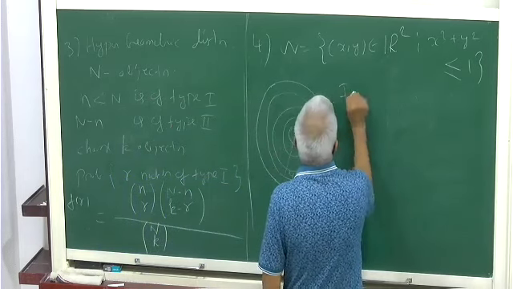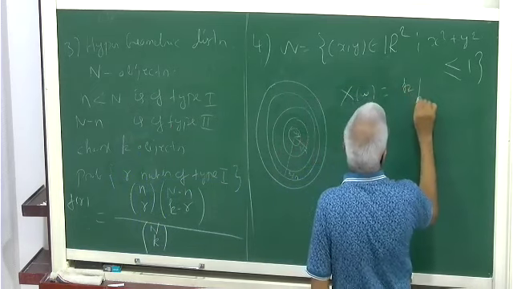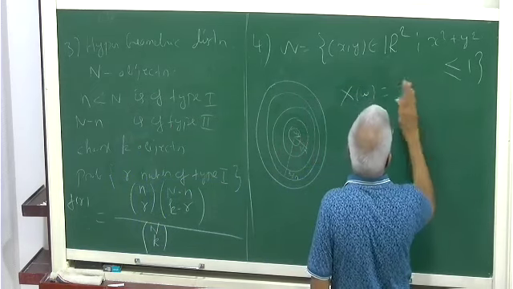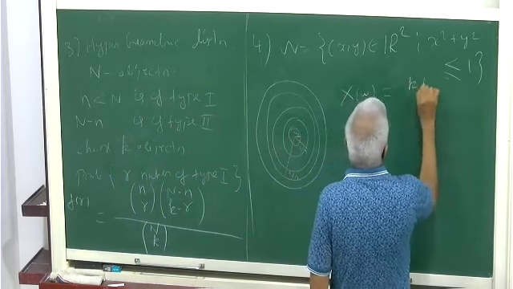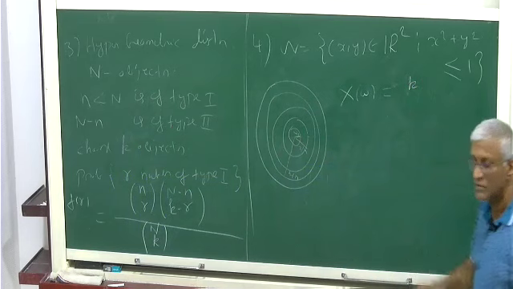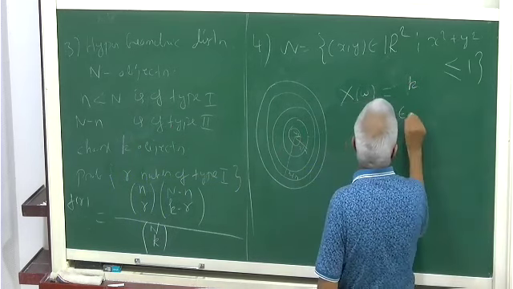So you can define X of omega equal to k if omega is in the disk.